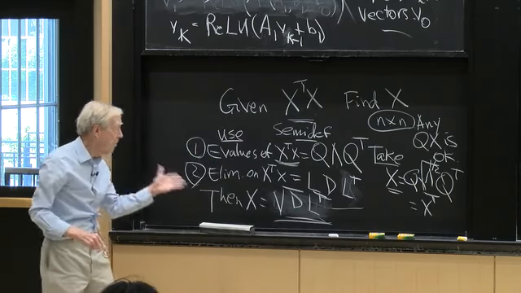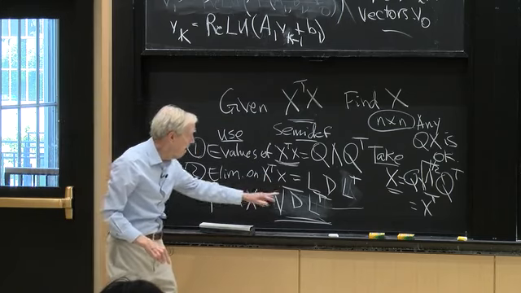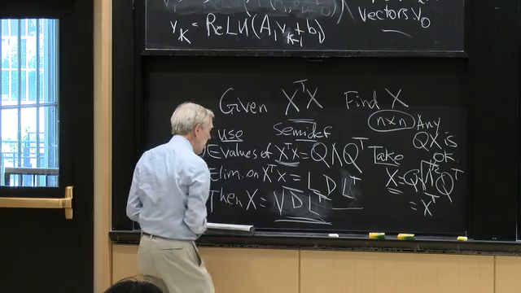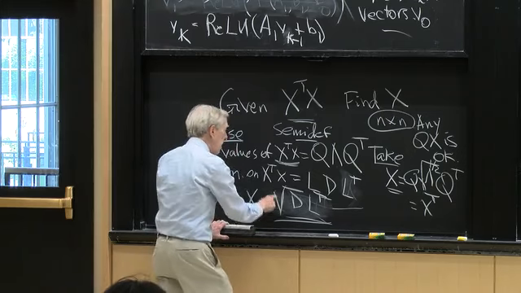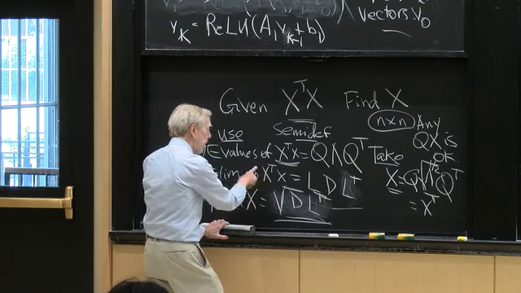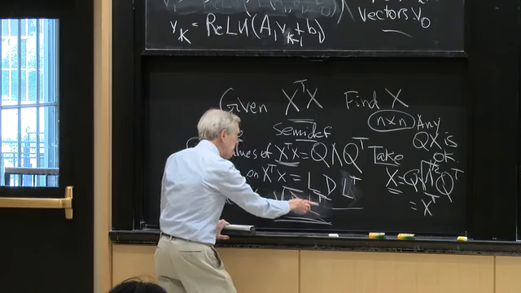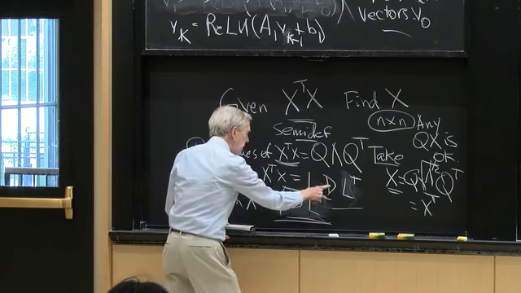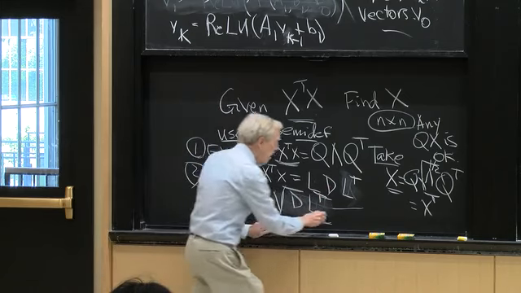The X is now a triangular matrix: the square root of the pivots and the L transpose part. And now when I do X transpose X, you see it comes out correctly. X transpose will be L transpose transpose, which gives me the L. Square root of D times square root of D gives the D, and then the L transpose is right.